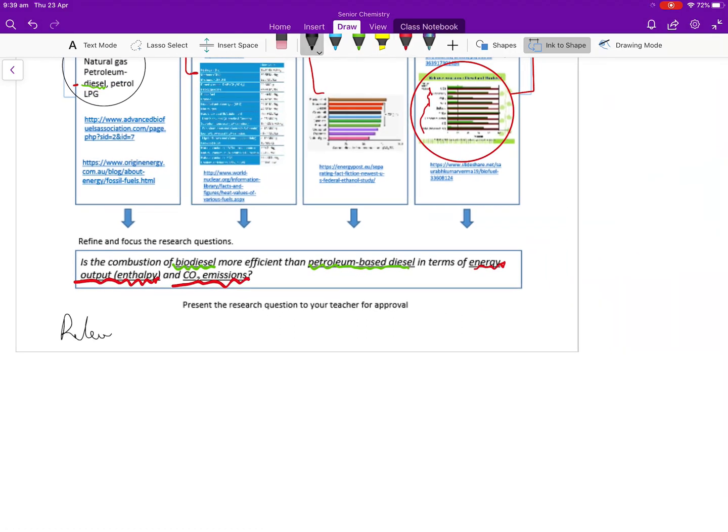Has it got to do with fossil fuels and biofuels comparing efficiency and environmental impact? Yeah, absolutely. Is it specific? Can I go and put my finger on an independent variable that I'm changing? Can I go and put my finger on dependent variables that I'm using to measure and assess the question with? Yep, absolutely specific and relevant research question.